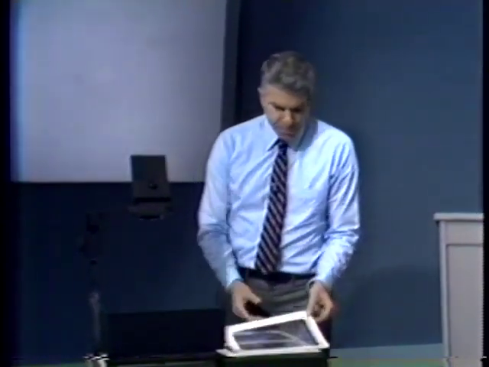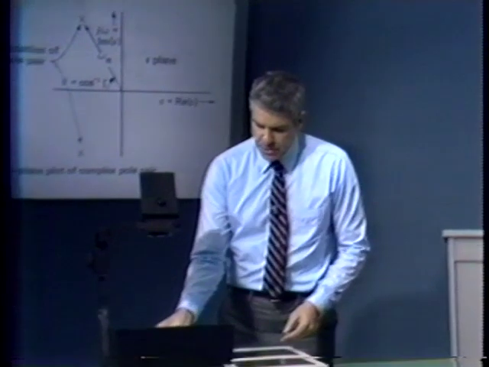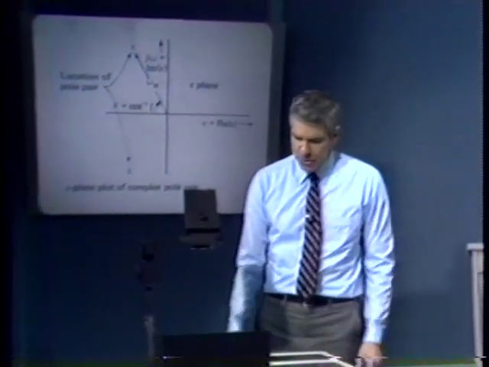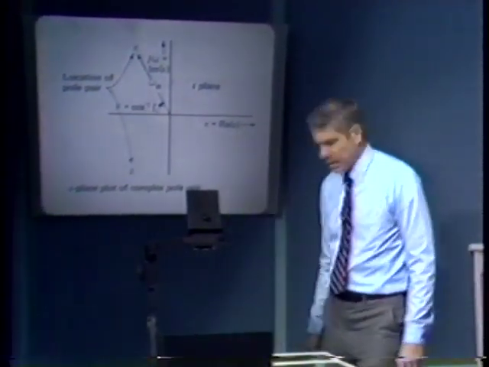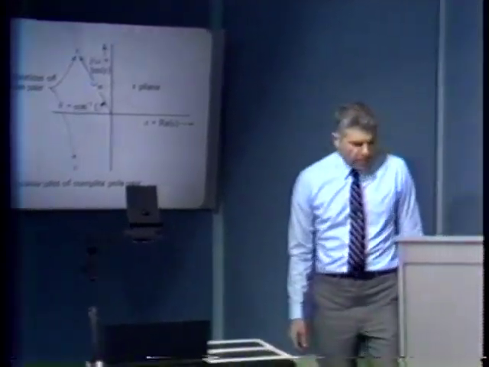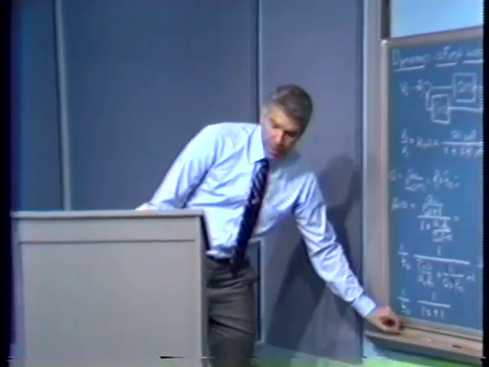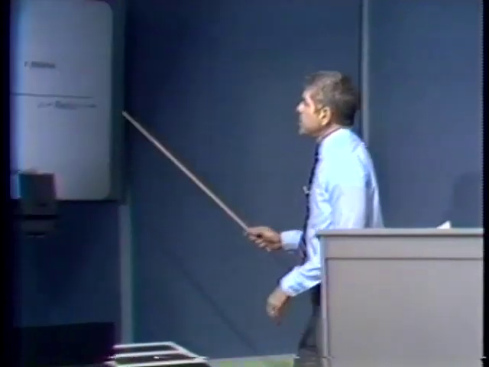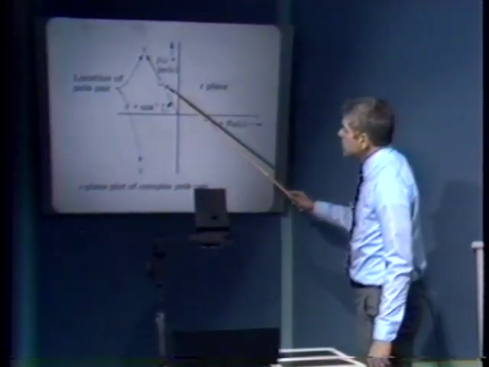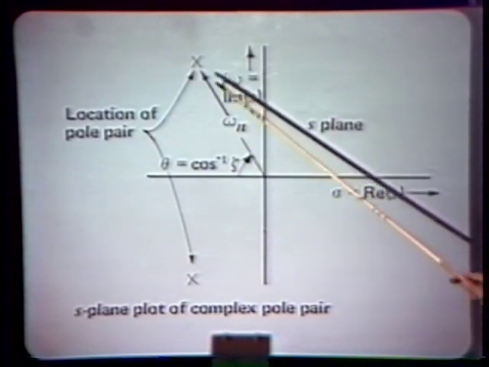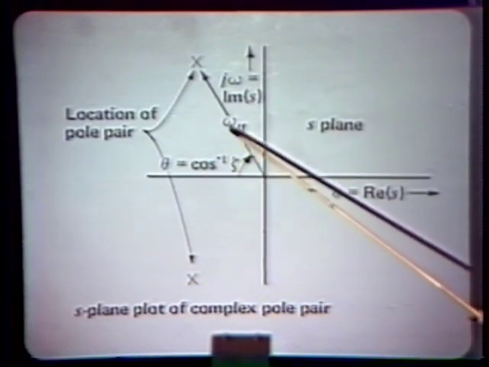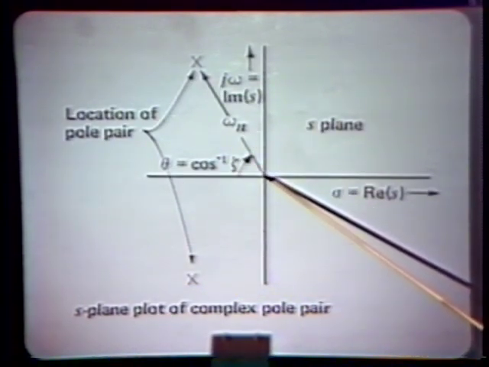It's also interesting to look at the physical significance of the quantities damping ratio and natural frequency. And we show that in the view graph that's up. In particular, the natural frequency is the distance of the complex conjugate pole pair from the origin.